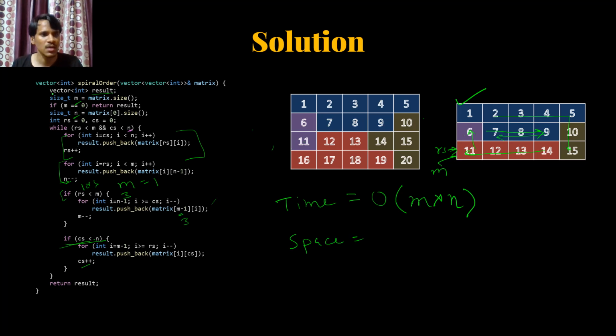If we consider the return values, then it is order of m cross n, otherwise it is order of 1. Why? We are only using a constant number of extra variables: m, n, row start and column start, nothing else. So the time complexity is order of m cross n, and the space complexity is order of 1.